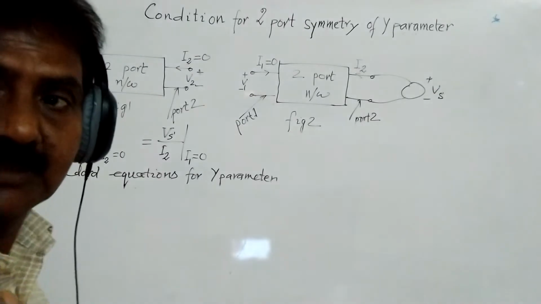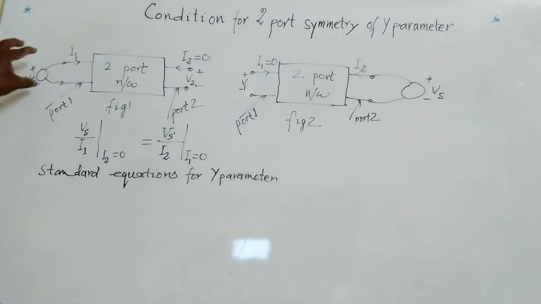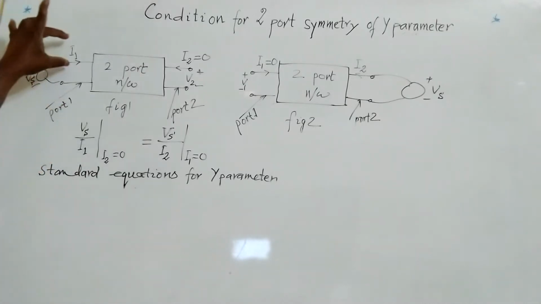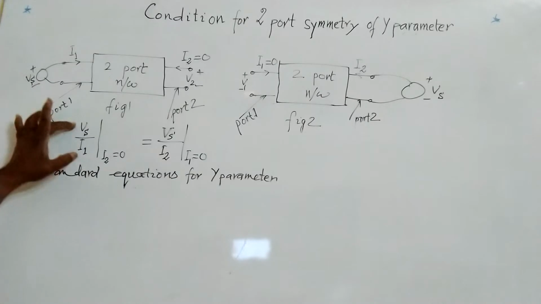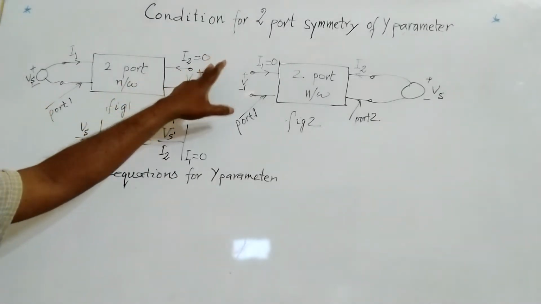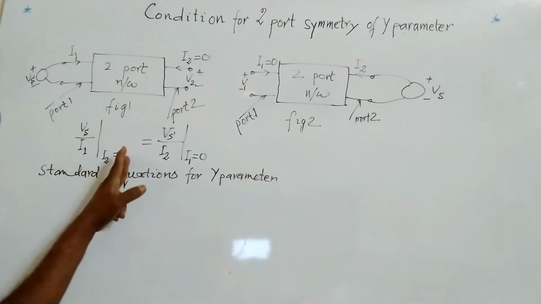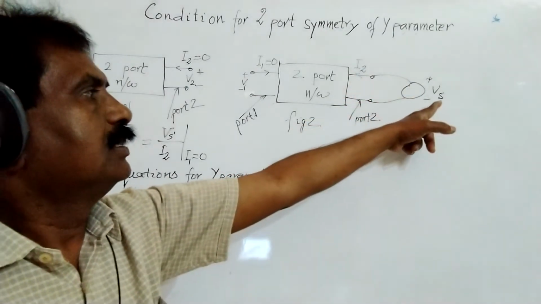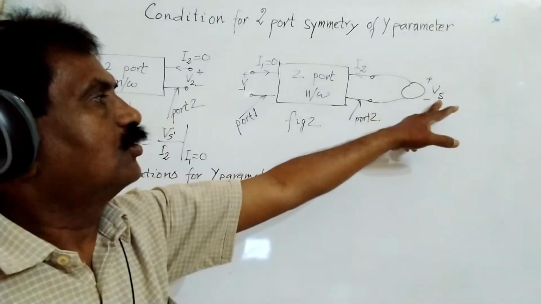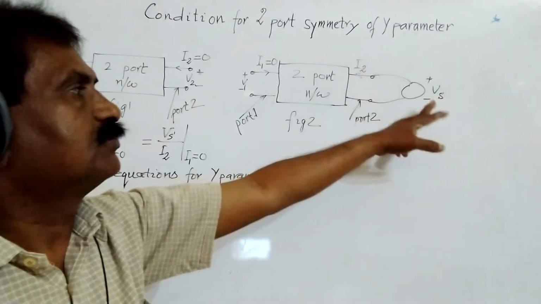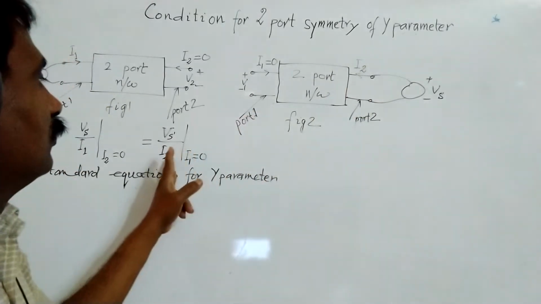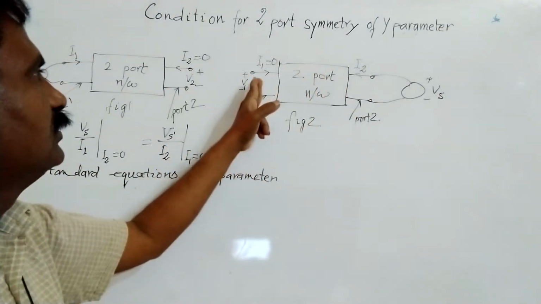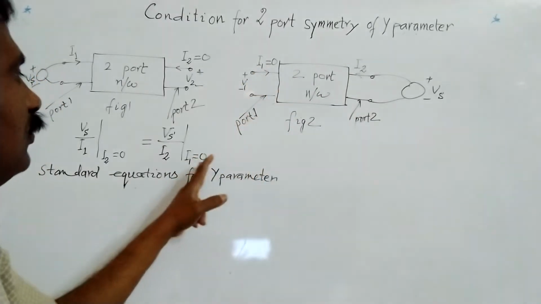What we found in figure 1 is the excitation divided by the response, that is, the ratio of voltage Vs and I1 when the second port is open circuited, will be equal to the ratio of excitation and response of figure 2, that is, Vs and I2, when port 1 is open circuited.